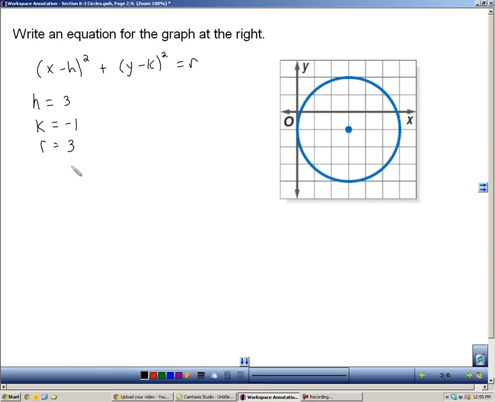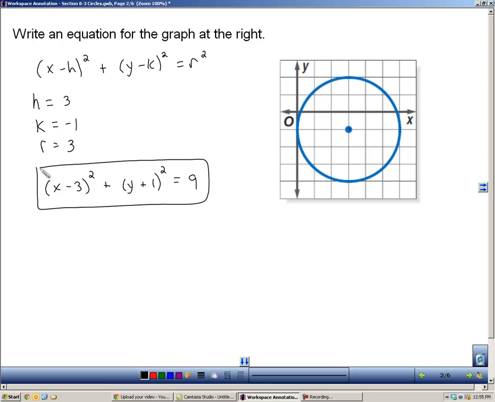So with those three values, I can write my equation of this circle: (x - h) squared plus (y - k) squared, since k is -1, minus a negative is a plus, and that's going to equal r squared. That should be squared, and when you square 3, you get 9. So this is my equation for my circle.